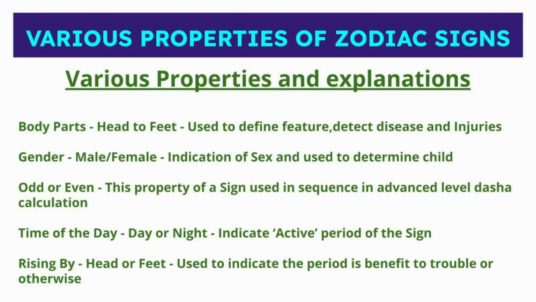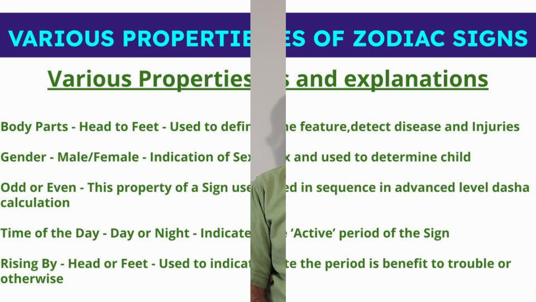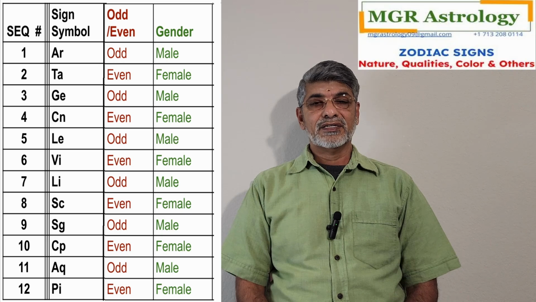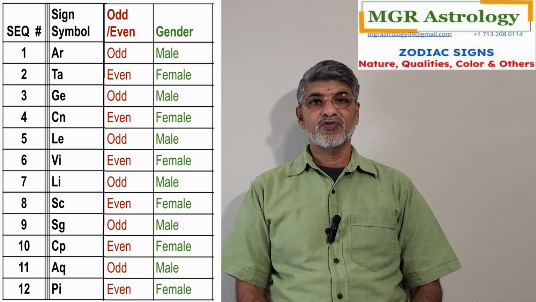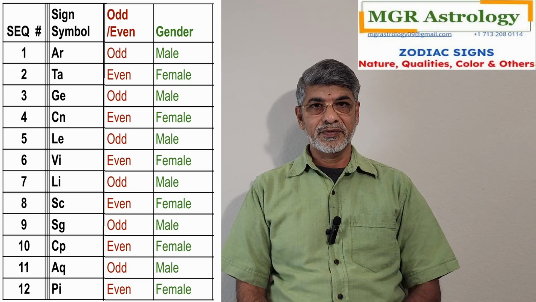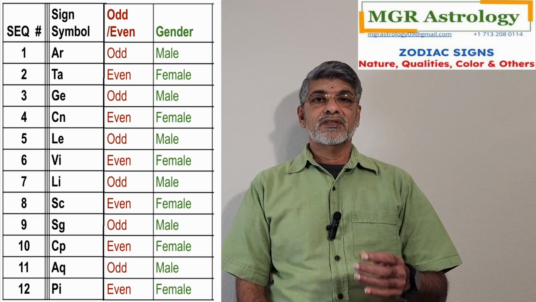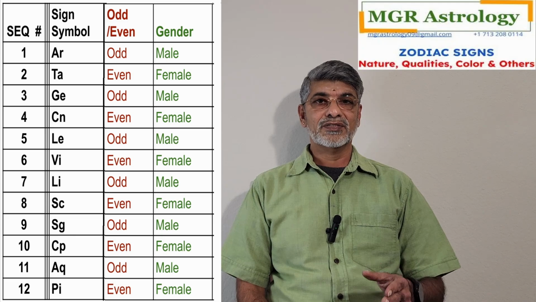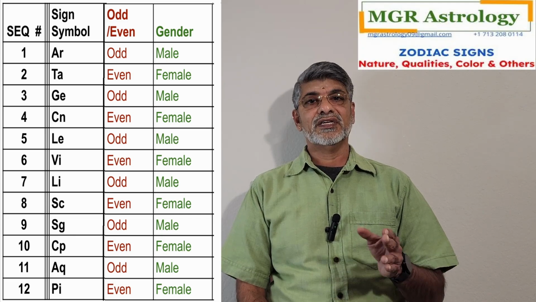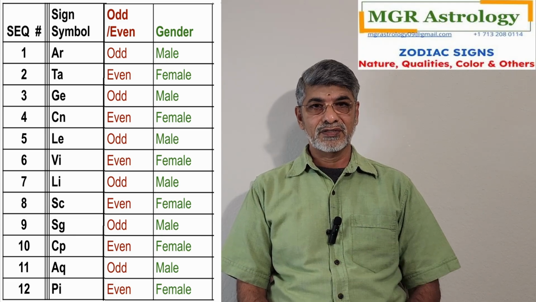The second property for Rasi is gender, that is male and female. This is very simple and easy. Aries is male, Taurus is female. Like that it goes alternately through the 12 rasis. So we have 6 males and 6 females. In line with this, there are also odd and even rasis. The male rasis are odd rasis, and the even rasis are female rasis.